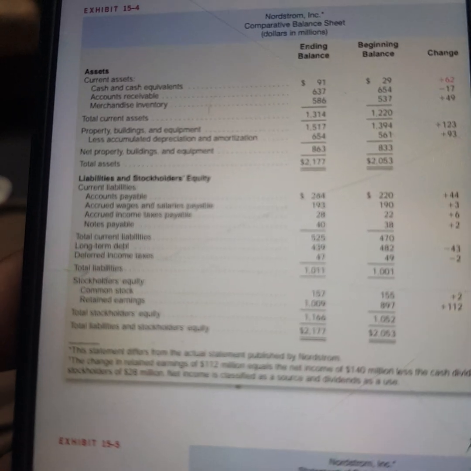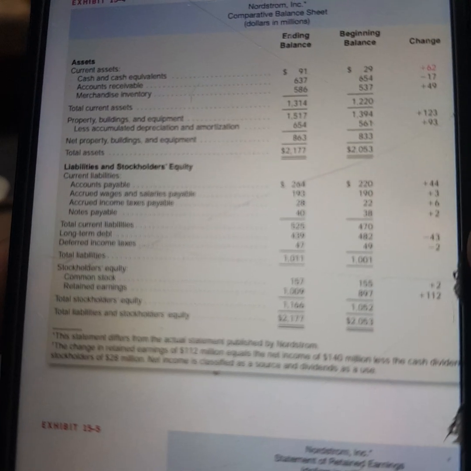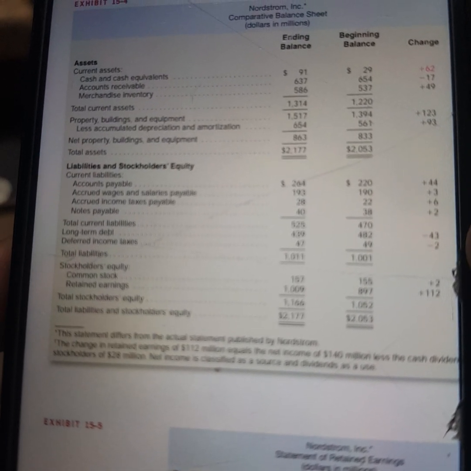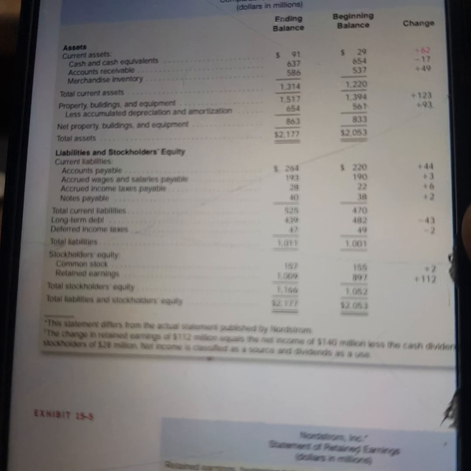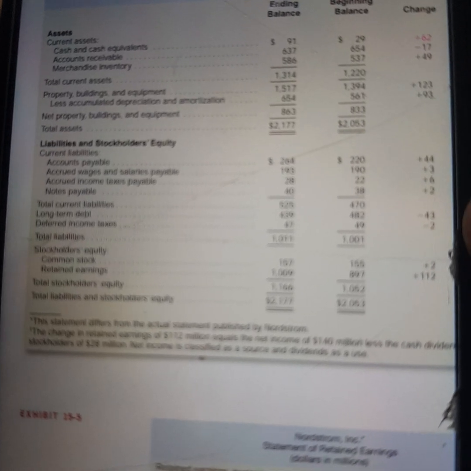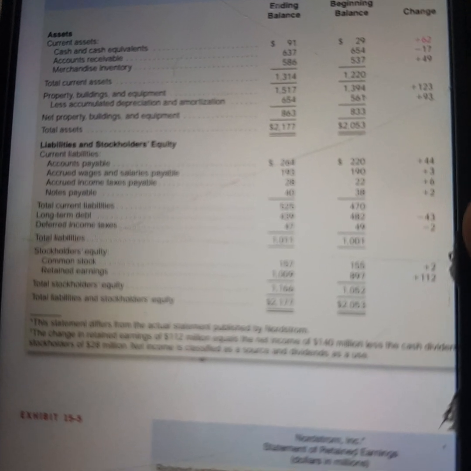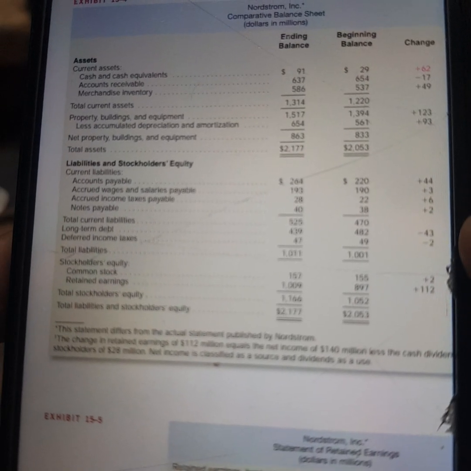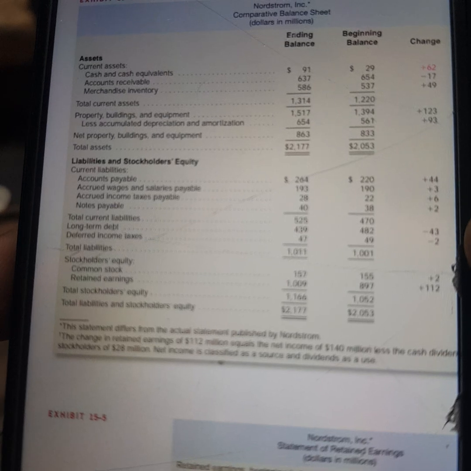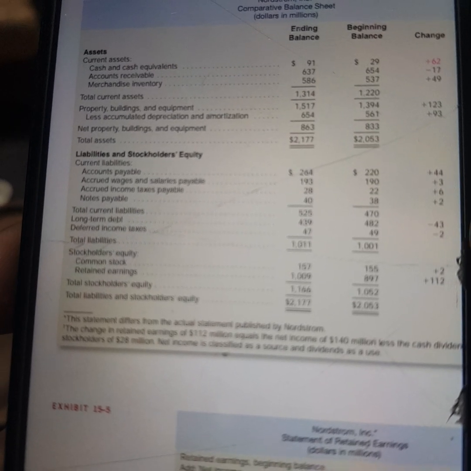Now if you see the current liabilities, there is a positive change in the current liabilities. If you remember, I told you that accounts payable, that is 264 and 220, if we take the difference of these, we get plus 44.